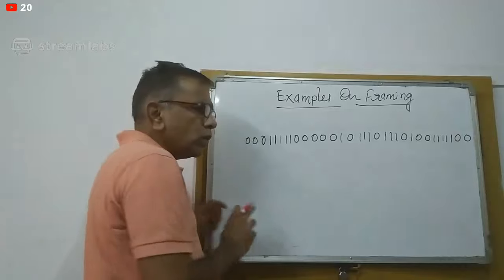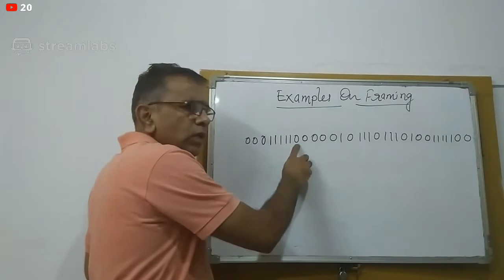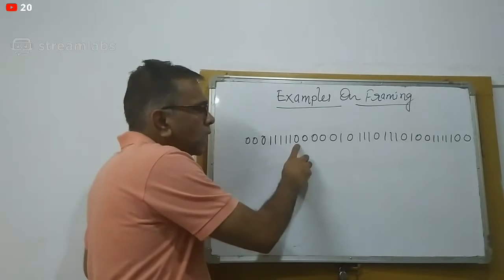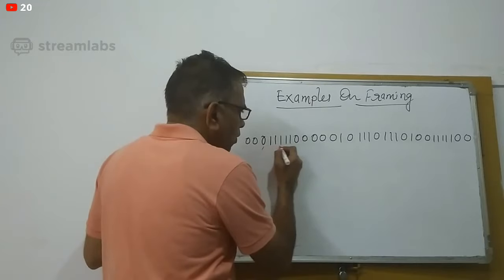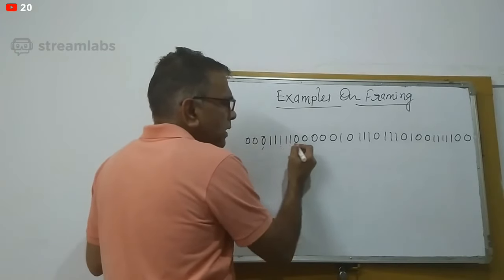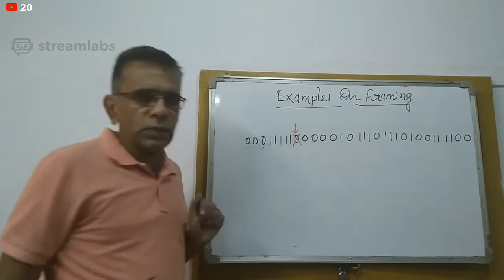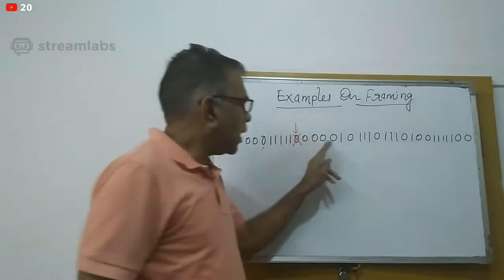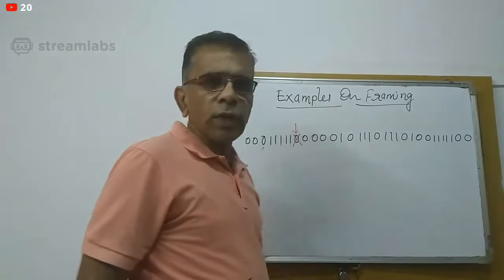According to the rule, if there is a 0 followed by 5 ones, the next 0 is considered as a stuffed 0. So in this case you see 0 followed by 5 ones. This is the stuffed 0 which will be removed by the receiver. In the rest of the cases you are not finding any such combination.